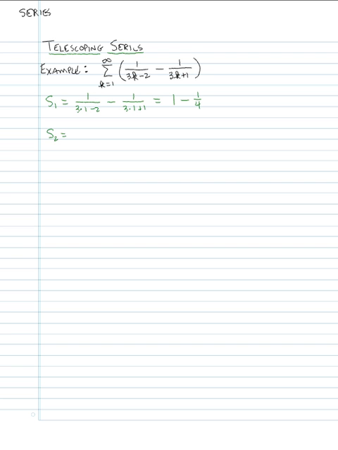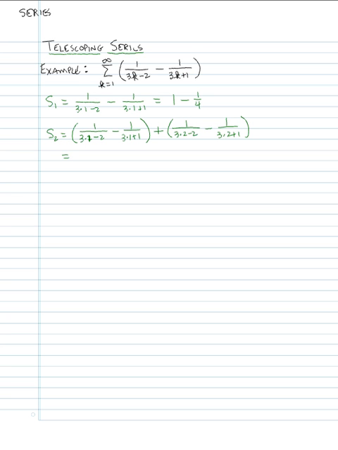Well, the second partial sum is going to be the first two terms. So it's 1 over 3 times 1 minus 2, subtract 1 over 3 times 1 plus 1. That's when k is 1, the first term. And then we add to that the next term, when k is 2. That would be 1 over 3 times 2 minus 2, subtract 1 over 3 times 2 plus 1.